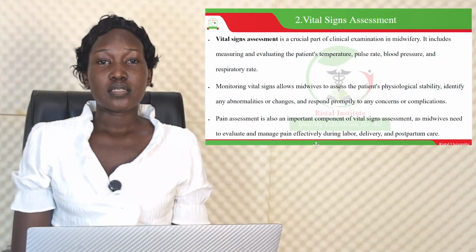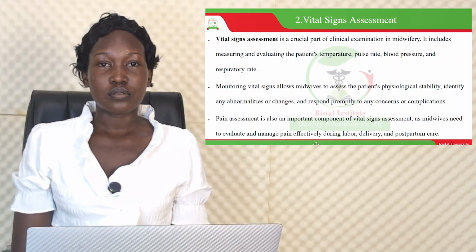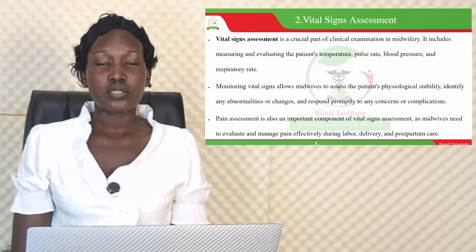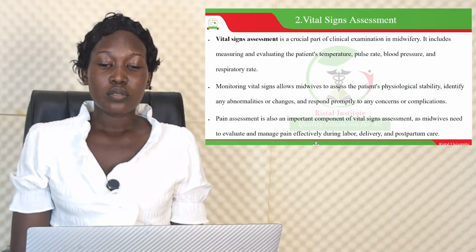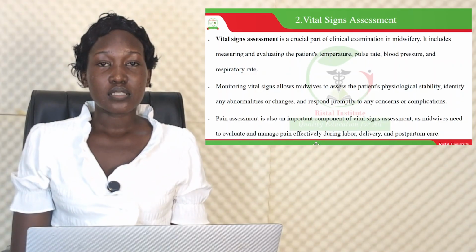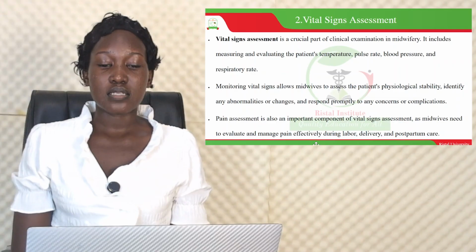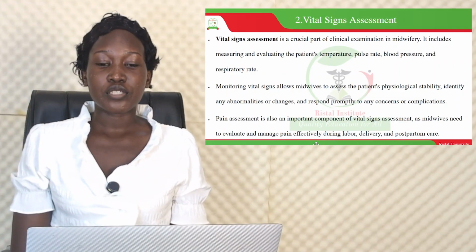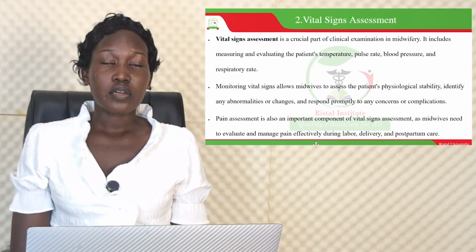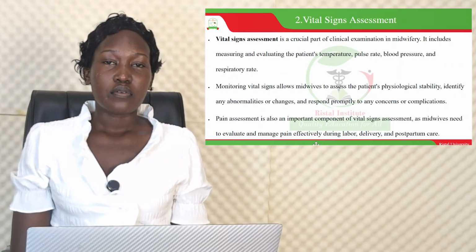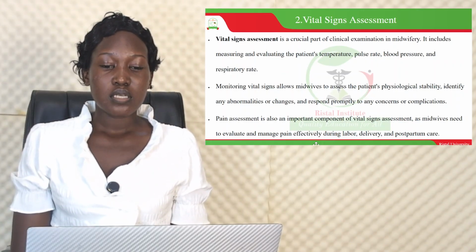We know that we are examining two people, but we can use one person to find out how the other one is also doing. The most important vital sign that you should not forget as a midwife is assessing blood pressure. It's very, very important.